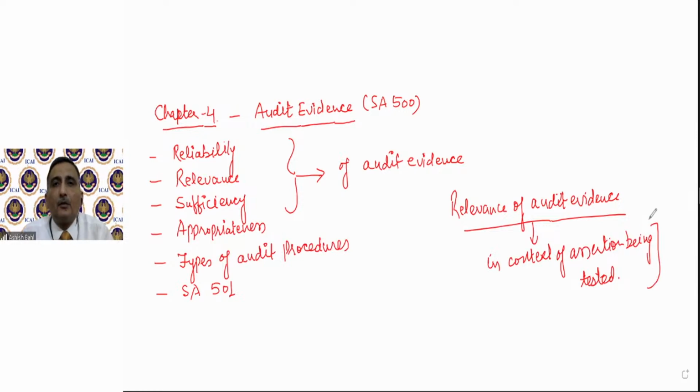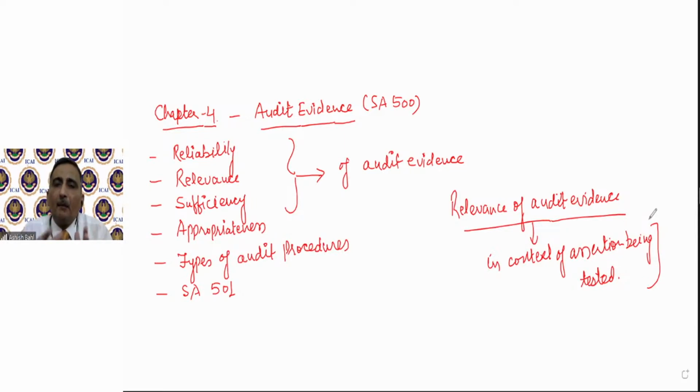Now try to understand it with the help of an example. Say, students, the auditor has sent an external confirmation request to a third party, to a debtor to whom the company had sold the goods.